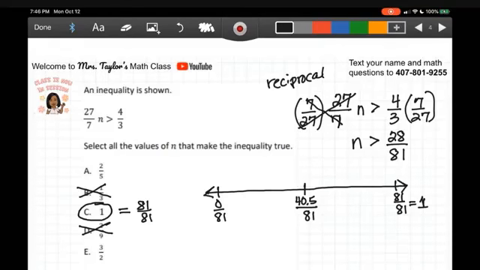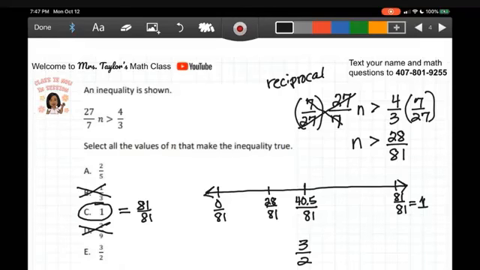What else do I know? Let's look at the 3 over 2. The 3 over 2 is an improper fraction.